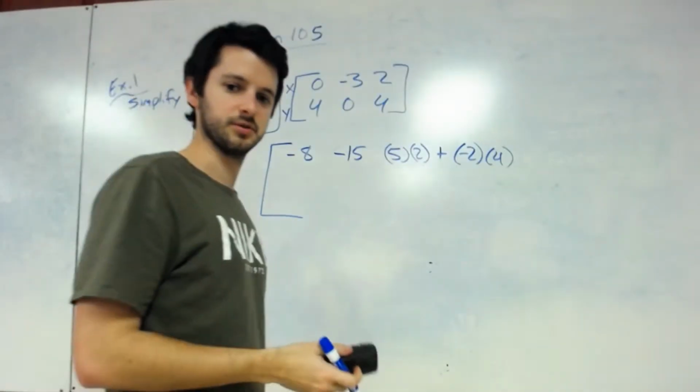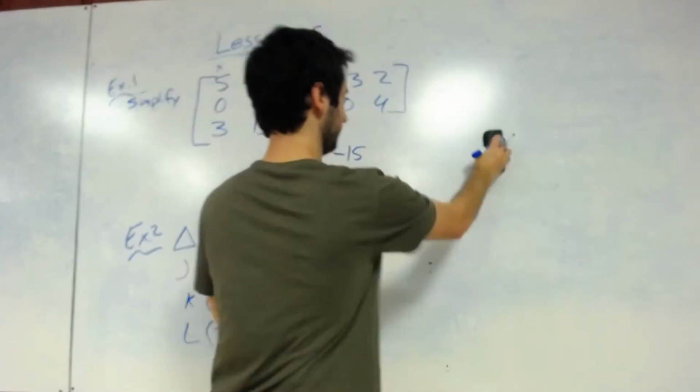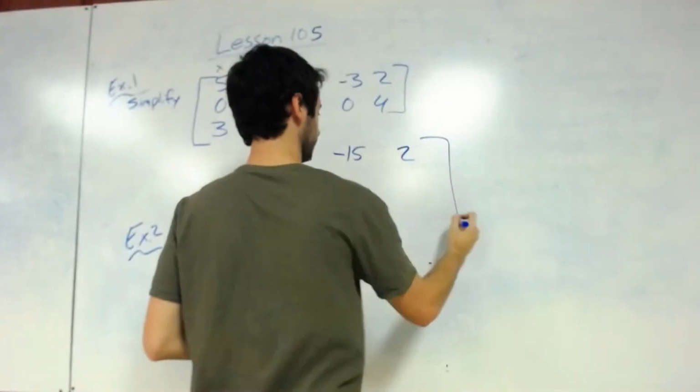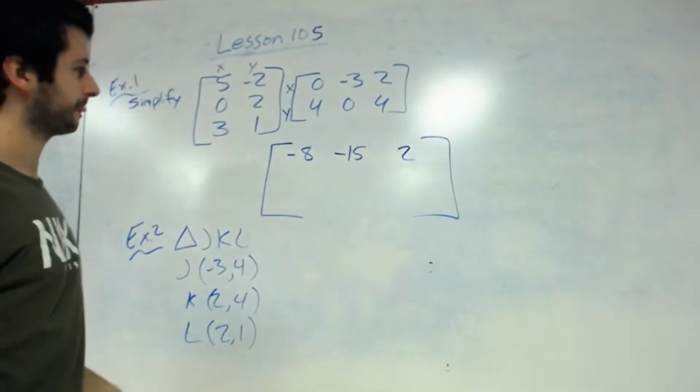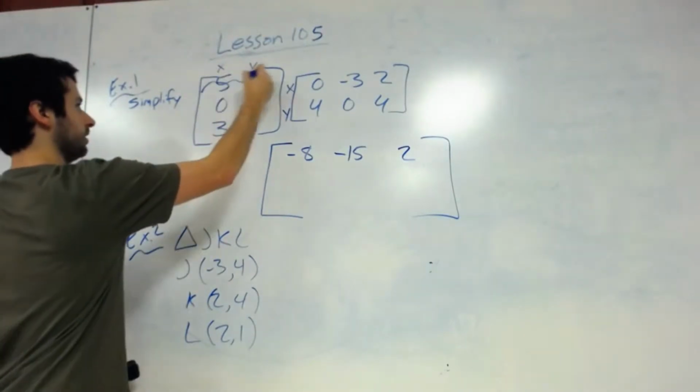So 10 minus 8, 2. My bad, sorry for the confusion. Got confused with all the numbers. So now we just did this row.